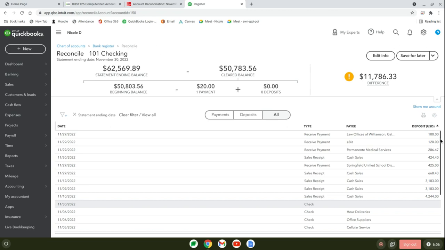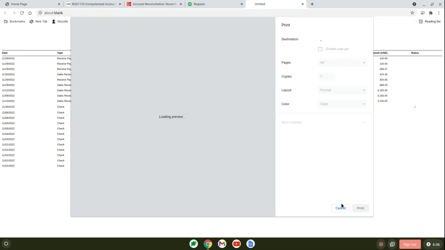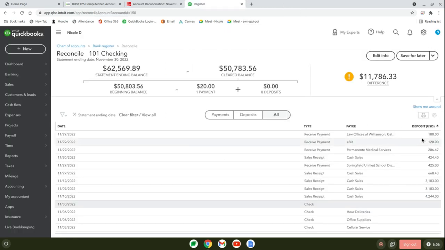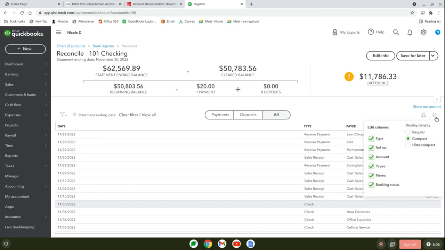I wonder why it's not allowed. It's not bringing up the cancel. It's not bringing up the... I'm on compact. Let me see if I put it on regular.